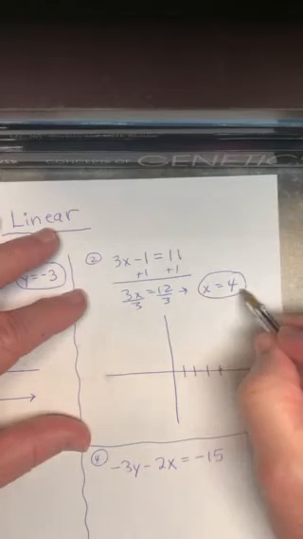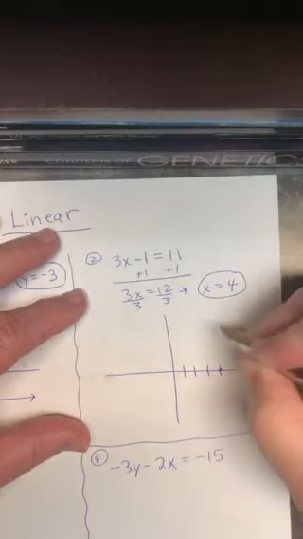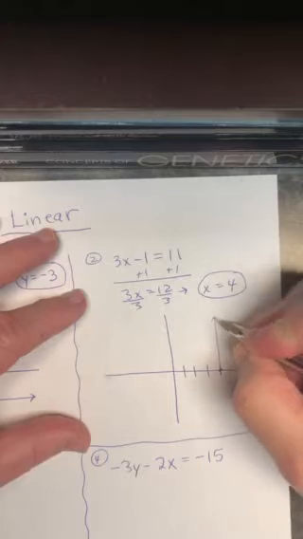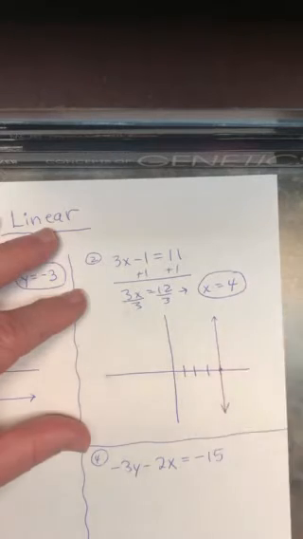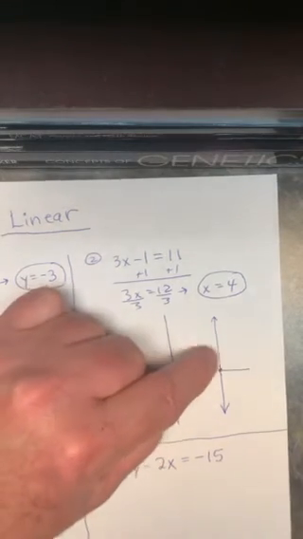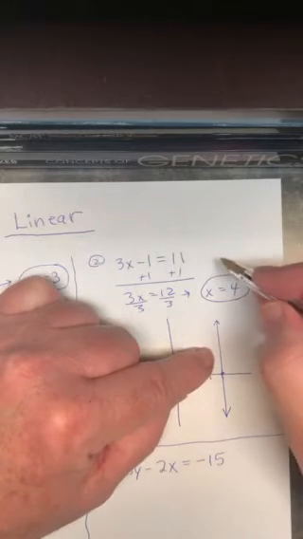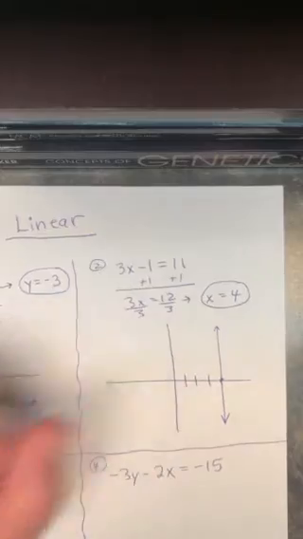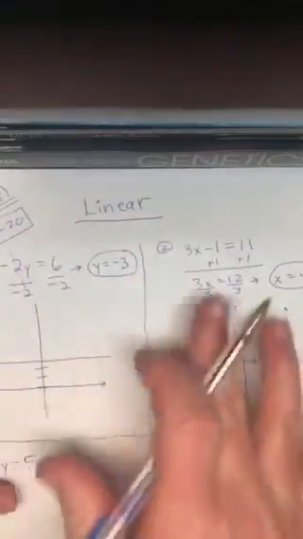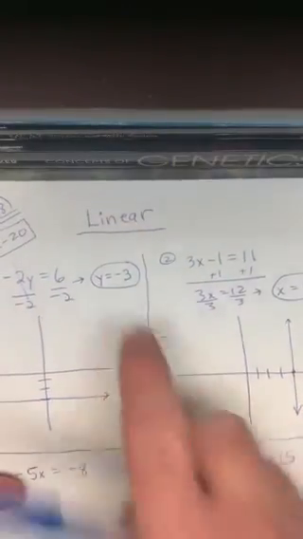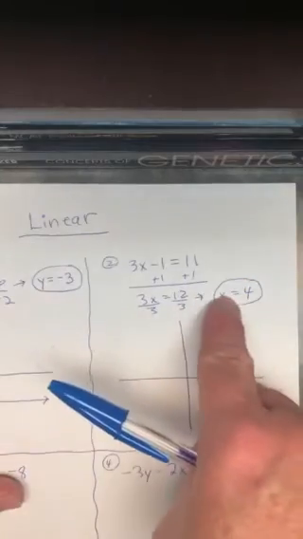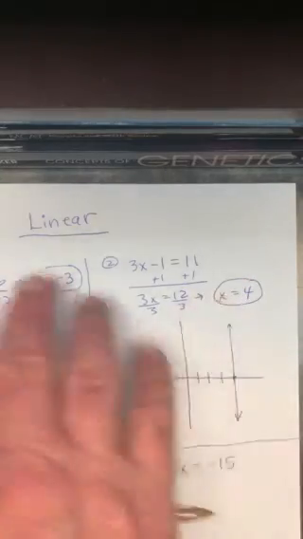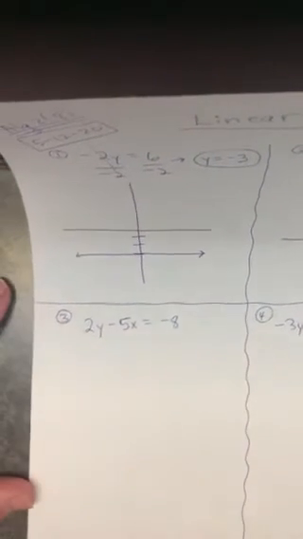And because it's x equals the constant 4, it ends up being a vertical line right through that point. Now that, notice, is not a function, is it? Because it doesn't pass the vertical line test since it ended up being a vertical line. So those are your two rare linear type functions where you've just got a y or just got an x. After those are taken care of, man, we're already on problem 3. See, stay with me here.